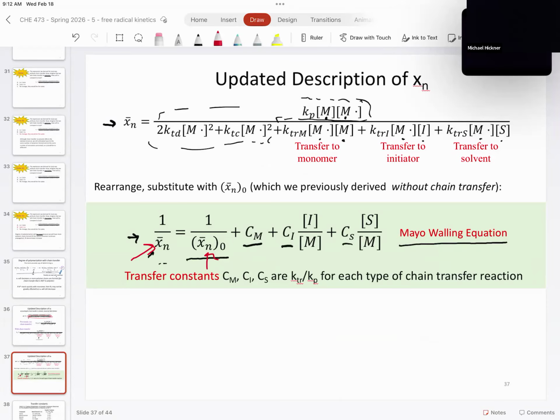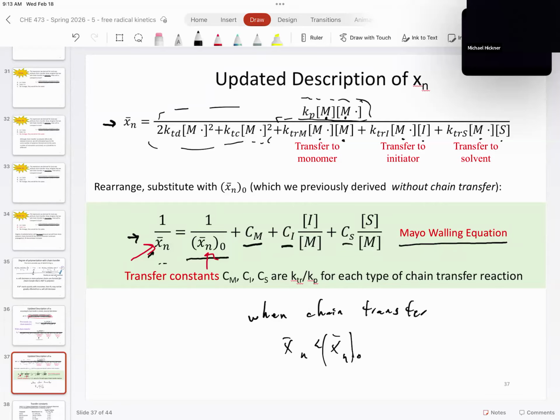When we have chain transfer, x bar n is less than x bar n0. We had a clicker question on this last class as well. The only time where we don't have a change in x bar n is when we have chain transfer to polymer.